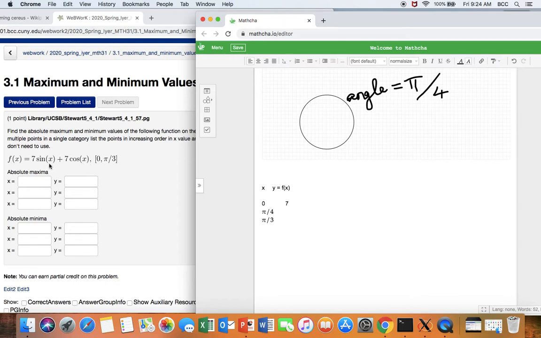Next plug in x equals pi over 4. Sine pi over 4 is root 2 over 2, cosine pi over 4 is root 2 over 2.